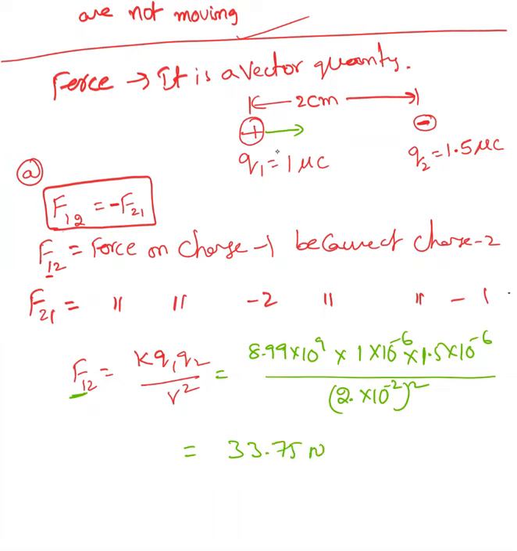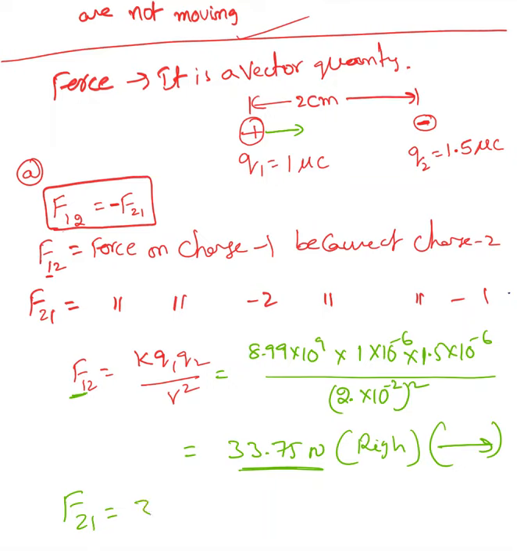And which direction is that force going to be? That will be an attractive force, and it's going to move towards the right. Or maybe you can indicate the arrow. That is the magnitude of the force on charge 1 because of charge 2. Now, what is F21?